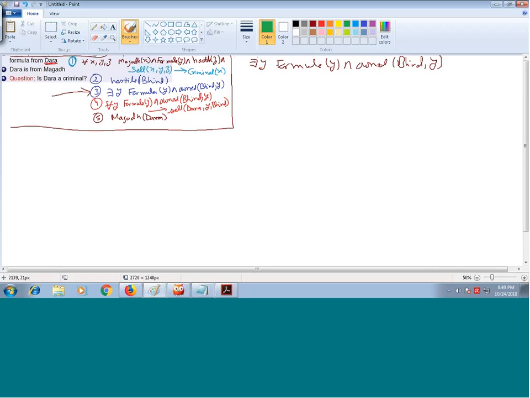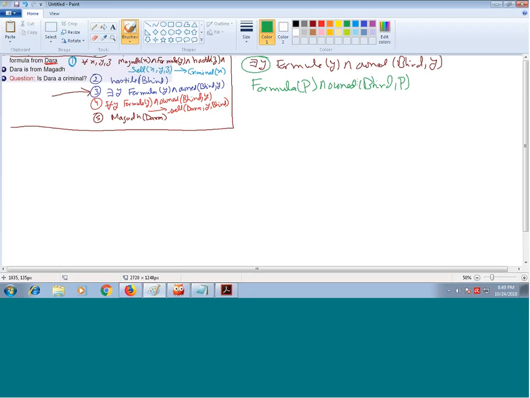As we have seen, this existential formulation can be removed by naming that formula. I can say P is some formula and it is owned by Bhind, P. Okay, this is what we can take.